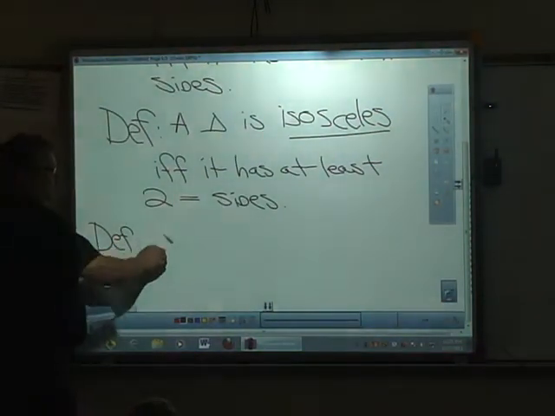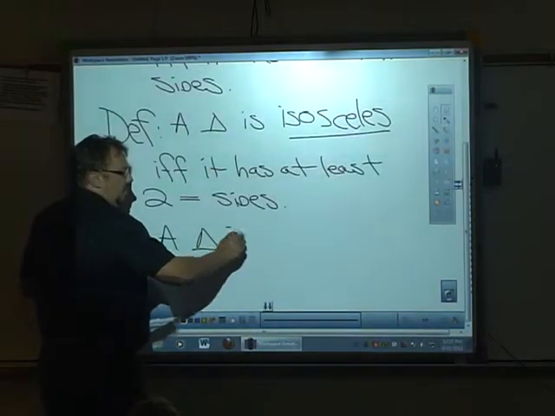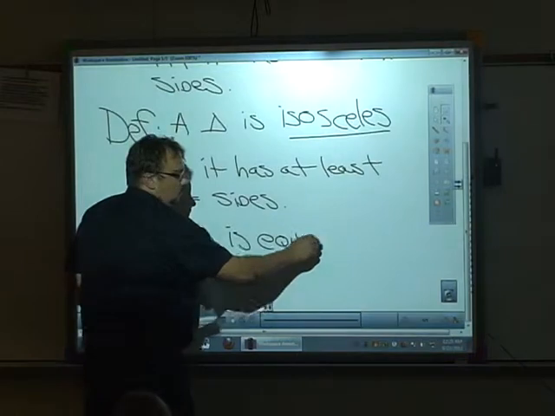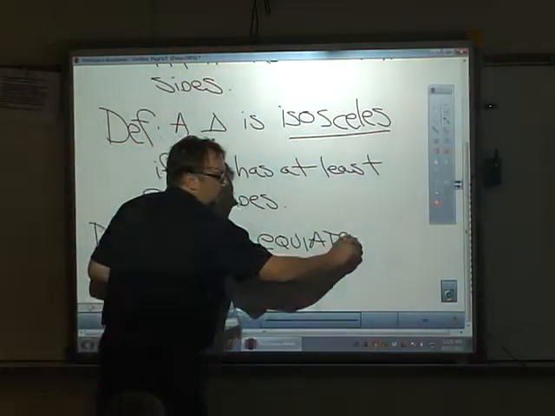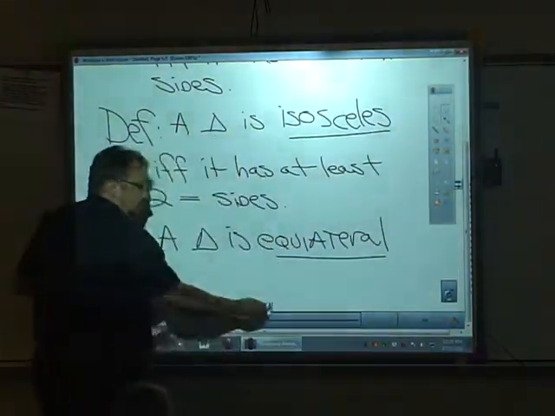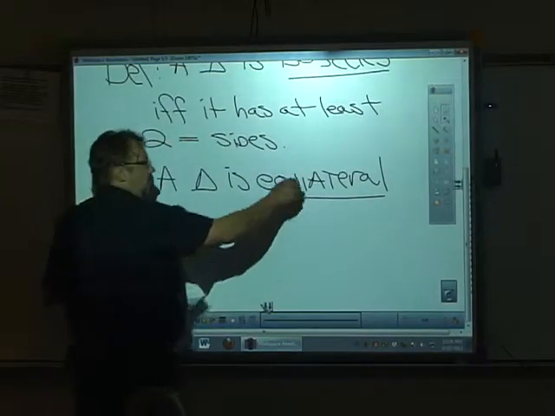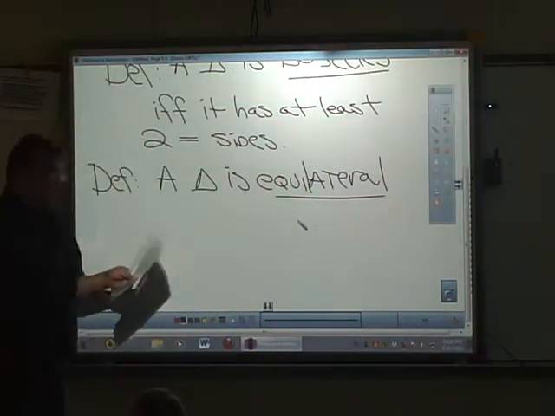Another type of triangle. A triangle is equilateral. Apparently I misspelled part of this.